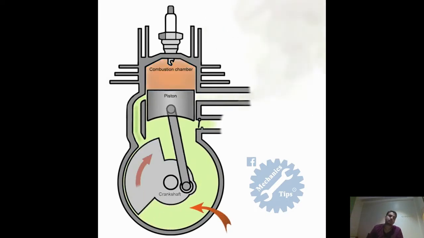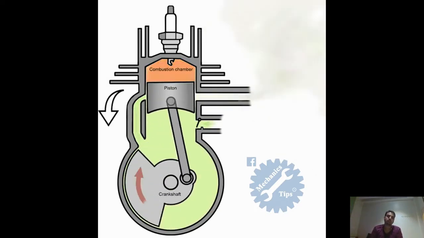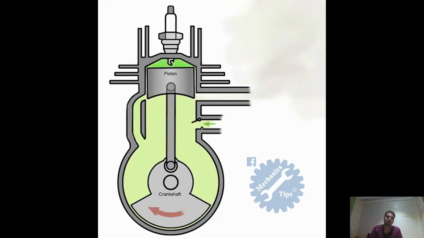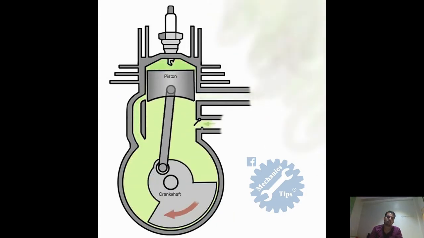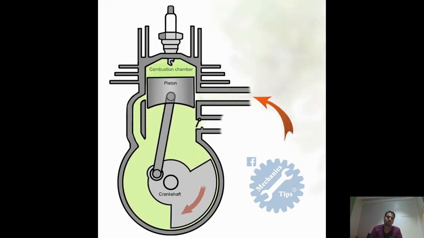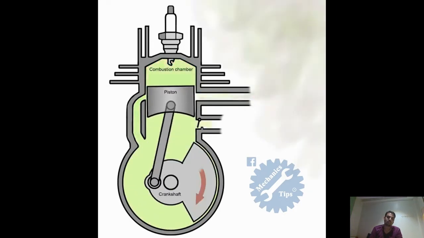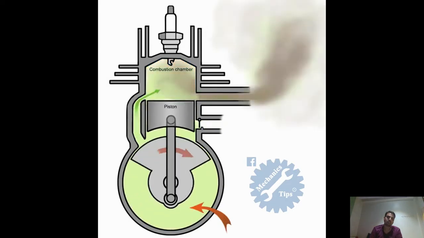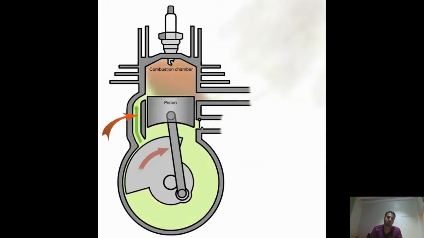As the piston moves downwards, the mixture of air and fuel in the lower chamber is being compressed. When the piston gets to BDC, bottom dead center, the exhaust port is fully uncovered, which releases the burnt fuel in the upper chamber, and also draws fuel and air from the lower chamber through the transfer port into the upper chamber, ready for the next stroke.